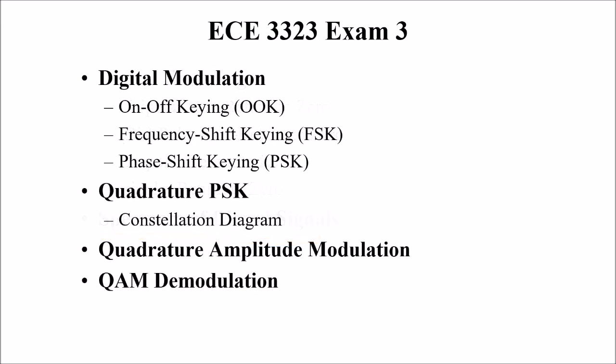When the binary signal is encoded in whichever one of the choices we have, then that signal is used to modulate a carrier. And we looked at 3 different ways of modulating the carrier. There is on-off keying, which is essentially an amplitude modulation, frequency shift keying, which is a frequency modulation, and phase shift keying, which is obviously a phase modulation. We looked at the characteristics of each of those.